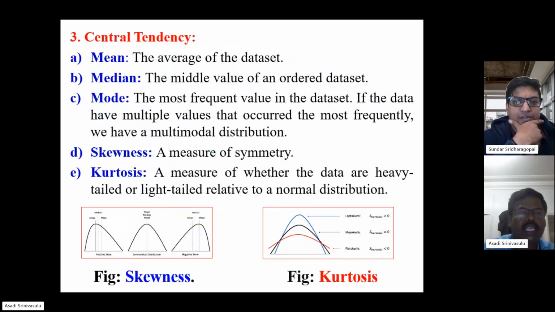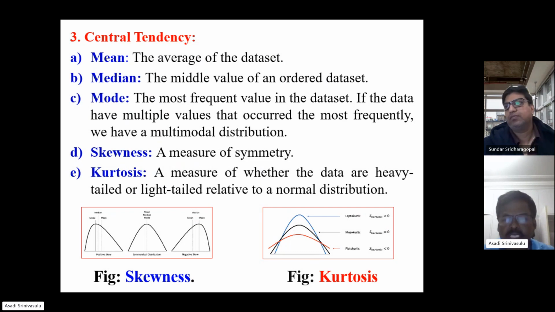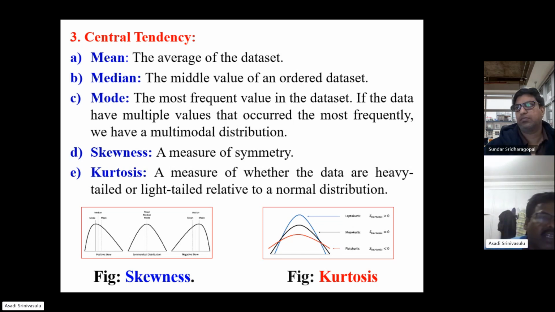Then the third concept, central tendency. Here in central tendency, we are calculating mean, median, mode, skewness, kurtosis. Last class also I explained skewness and kurtosis. Mean is the average of the data set, median is the middle value of an ordered data set. A data set is a combination of rows and columns.